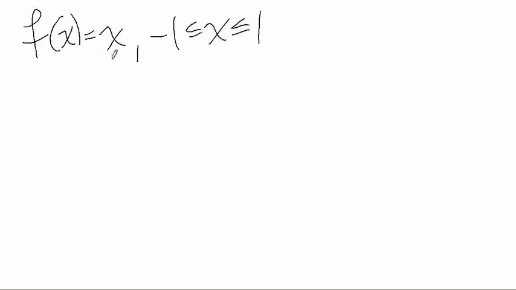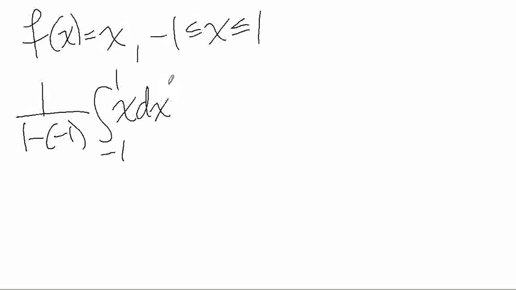Suppose I wanted to calculate the average of f of x equal to x with respect to x values between minus 1 and 1. So to do that, using my average formula, I would simplify the following expression.